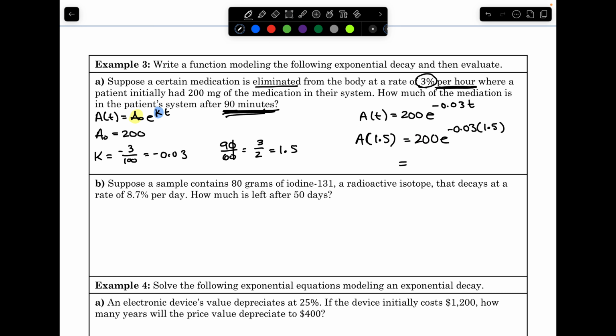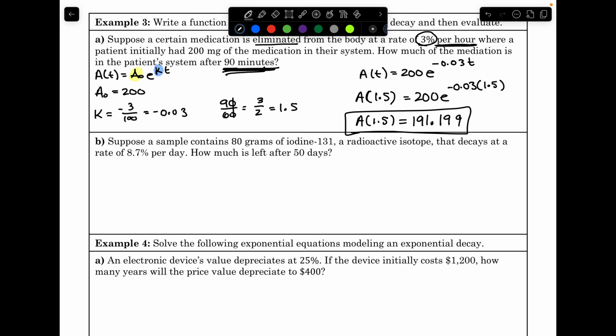I get approximately 191.19. I'll write 3 decimal values. So there's your answer.